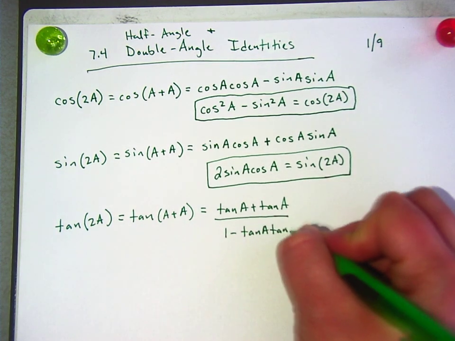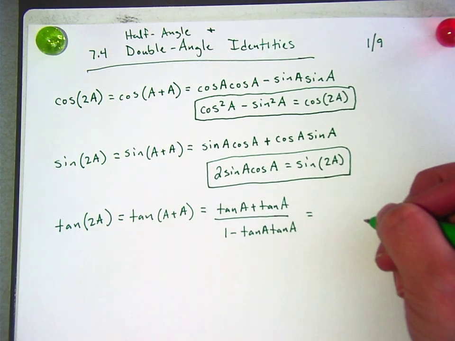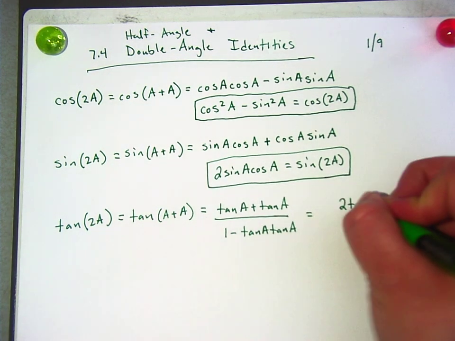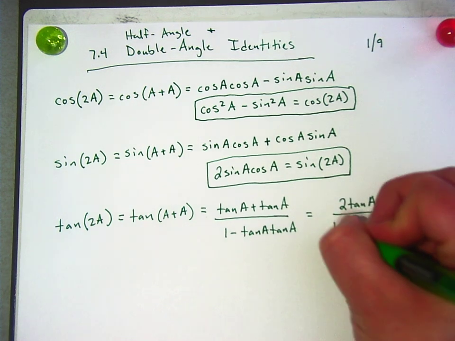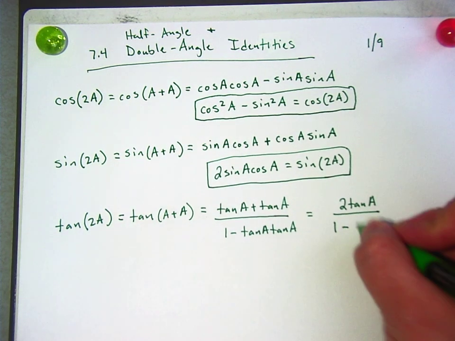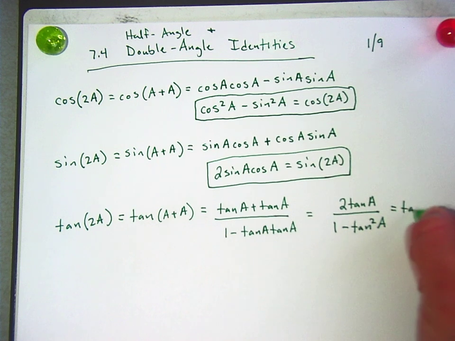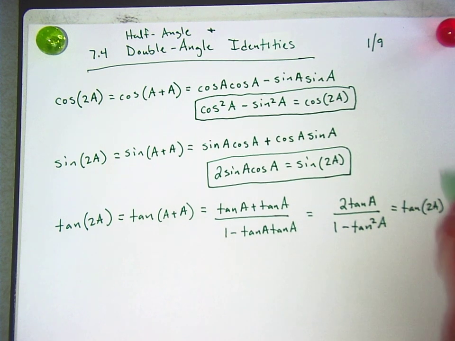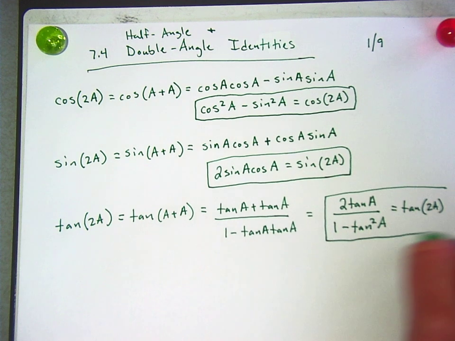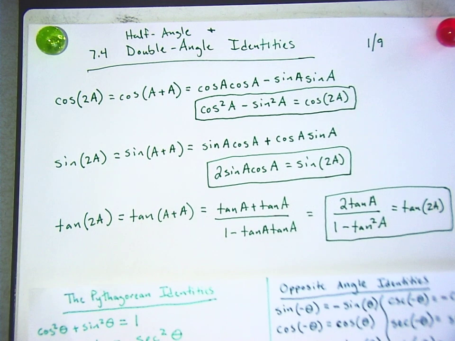Yes. Can you simplify now? 1 tan A plus 1 tan A is 2 tan A on the top. And on the bottom, tan A times tan A is, right. Okay. And then we're putting that one on the unit circle.